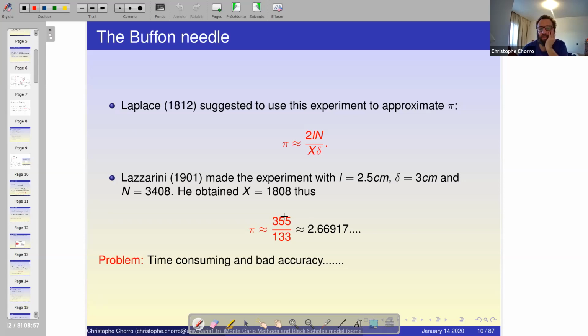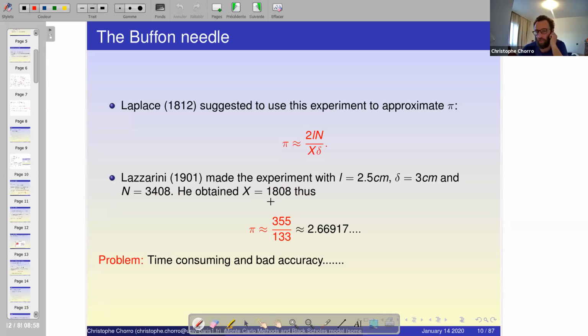Of course, I can say two things here. I can say that the accuracy is not that good, because I know that pi is more or less 3.14 and so on. And it is also time consuming, because I have to drop all these needles and count the number that cross.